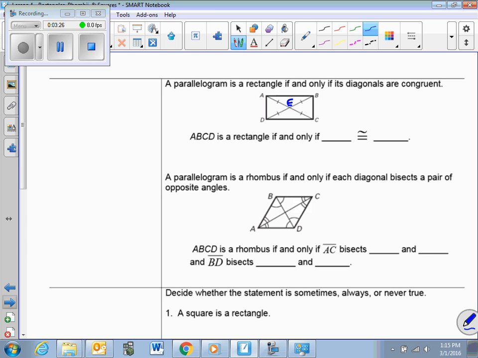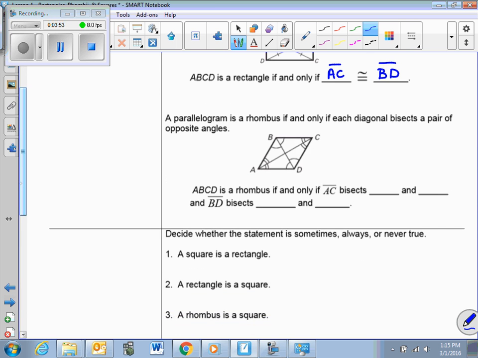Because of the theorem that tells us the diagonals of a parallelogram bisect each other. But now we know if we're talking about a rectangle that the diagonals are actually congruent to each other. So AC is congruent to BD. So what does that tell you about the diagonals of a square? They're congruent. Diagonals of a square, perpendicular and congruent.